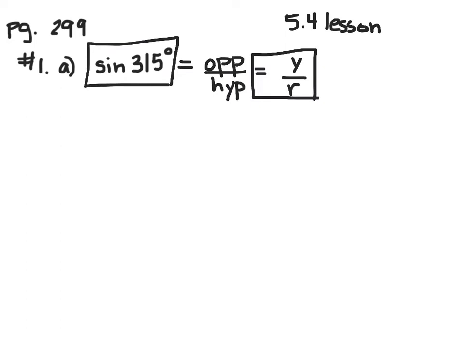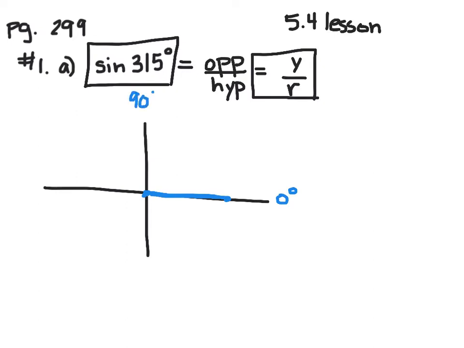So if I go to draw sine of 315, what would that look like? I have an axis here, and remember the terminal arm always starts at an angle of 0. This would be the terminal arm, and this is 0 degrees. And in order to open up to 315, remember this is 90 degrees, this is 180, this would be 270, and all the way around would be 360 degrees.